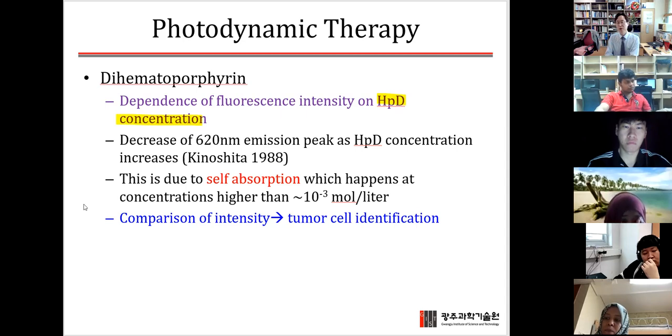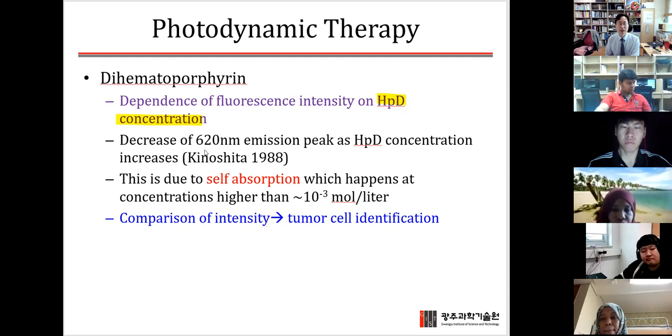So if you have more photosensitizer, you will have stronger fluorescence light coming out, which makes sense and can be expected.